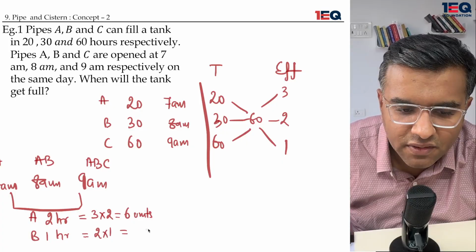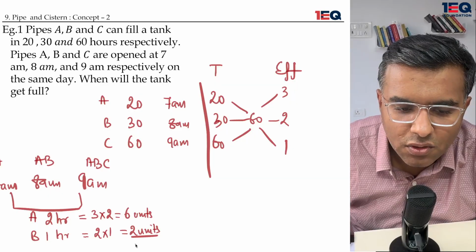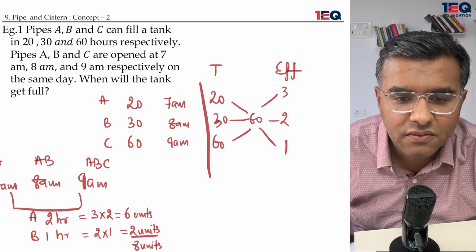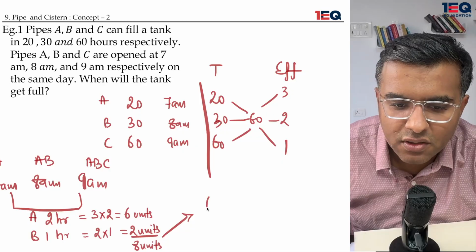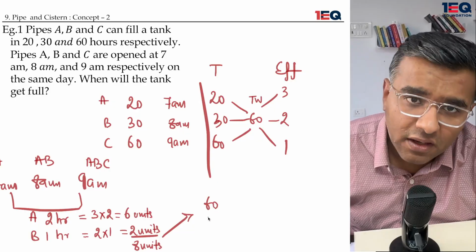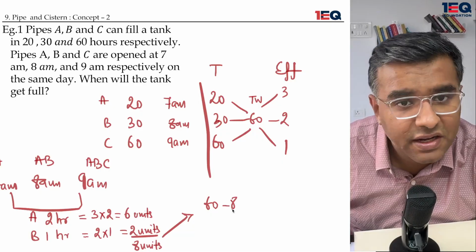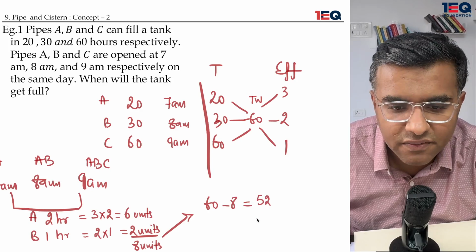So 8 units of work was already done. Total work was 60 units. This 60 units, which was the LCM, is also equal to the total work. When 60 units was supposed to be done and 8 units was already done, this means 52 units of work was left.